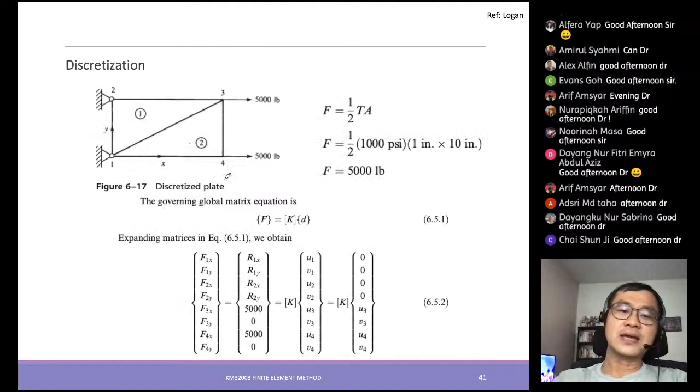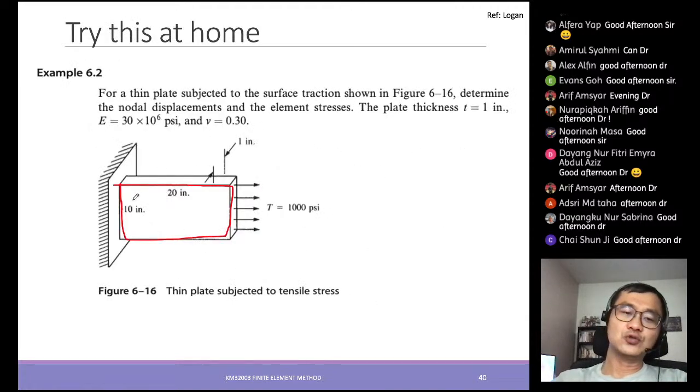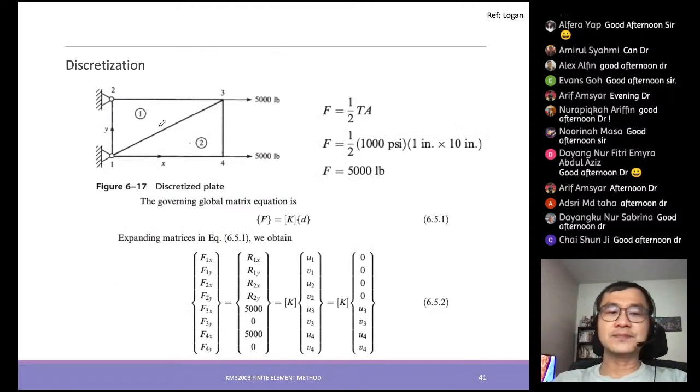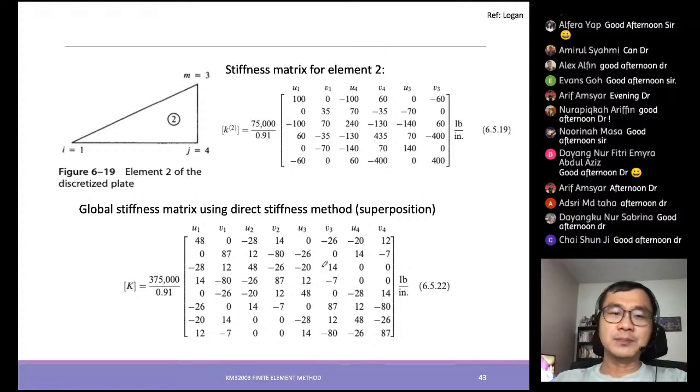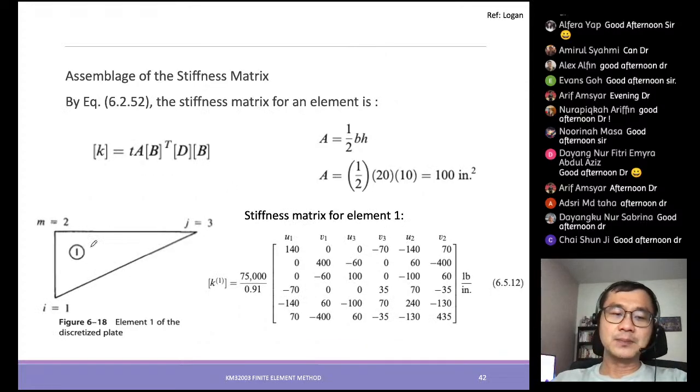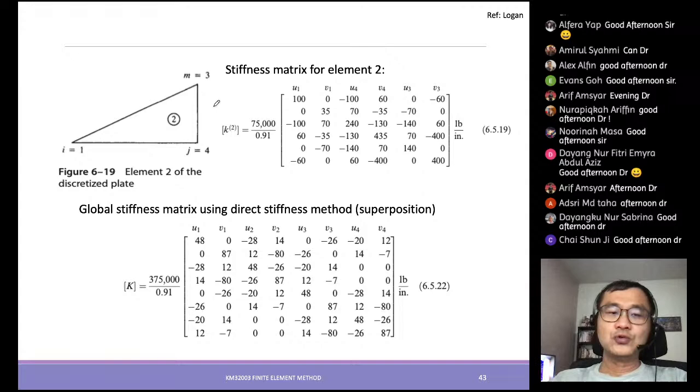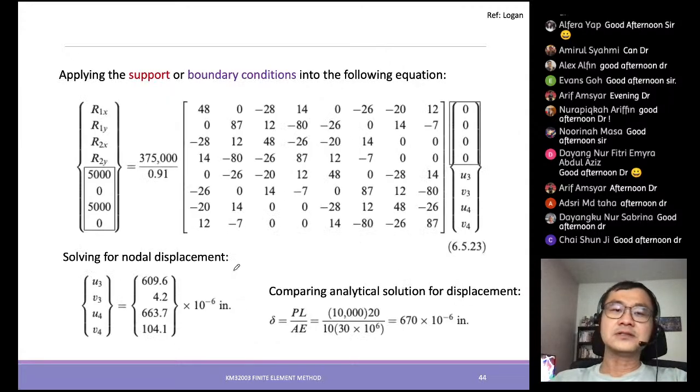You can always break them according to whatever number of elements that you would like. So for simplicity you can break them into just two elements, solve them one by one. Element number one, element number two. Combine them together, right?